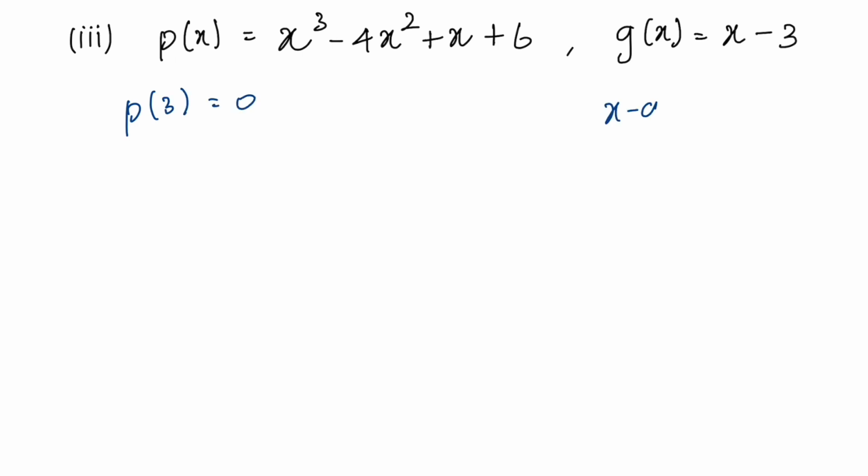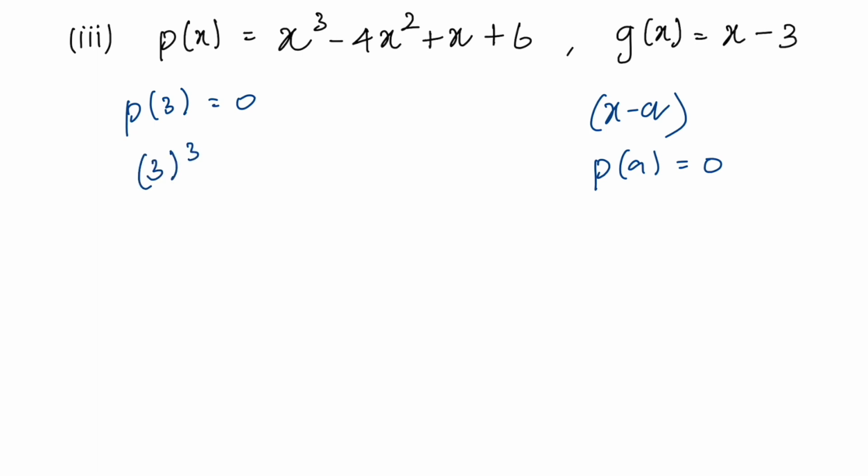Basically, if x minus a is a factor, then p of a is equal to 0. Here, in the place of x minus a, you have x minus 3. So a is equal to 3, and p of a, that is p of 3, should be 0.